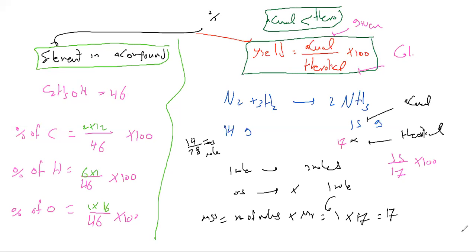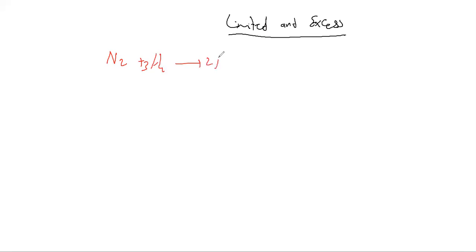For limiting and excess, how can we know which is limiting or excess? For example, if you have N2 plus 3H2 gives 2NH3, and we have 14 and 15, calculate limiting and excess.